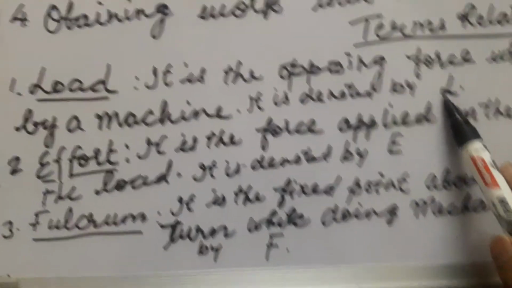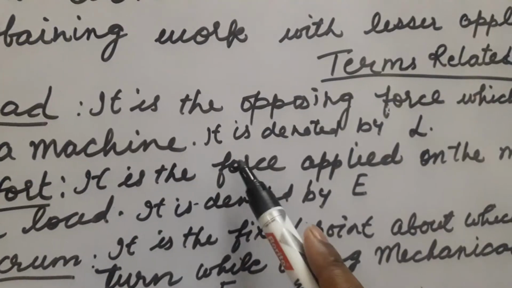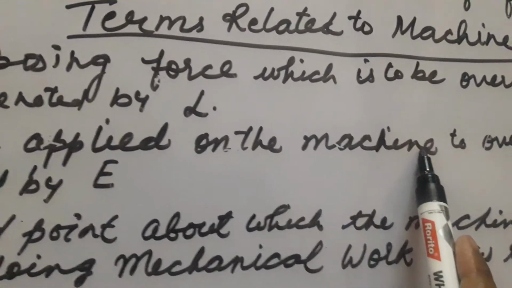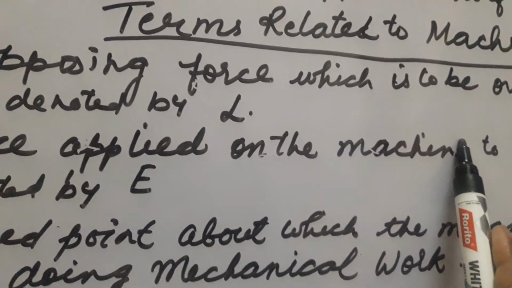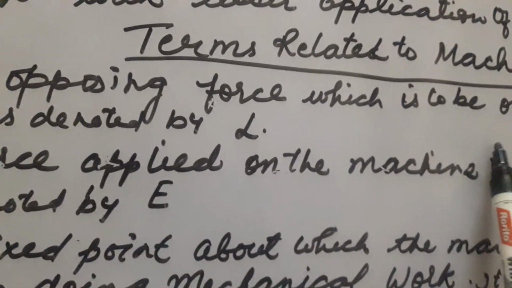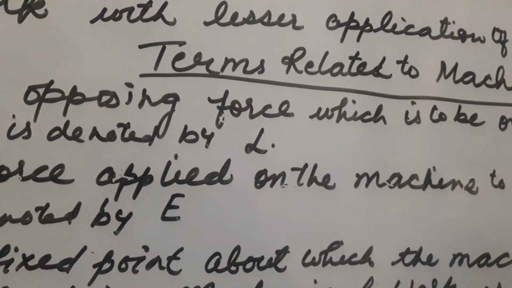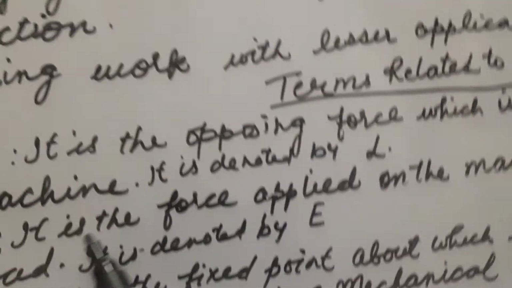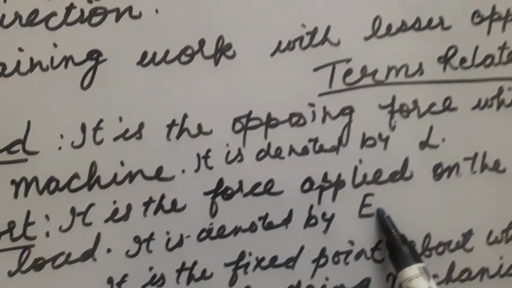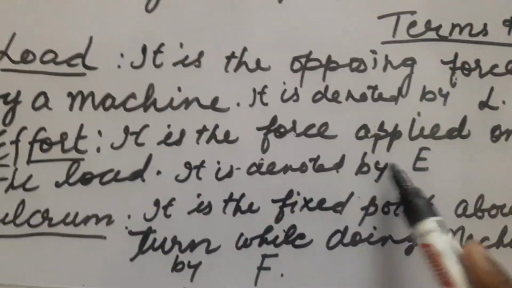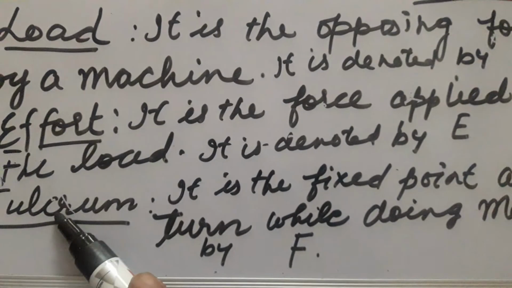The next is effort. It is the force applied on the machine to overcome the load or to do mechanical work, and it is denoted by E. E effort, L load. The last one is fulcrum.